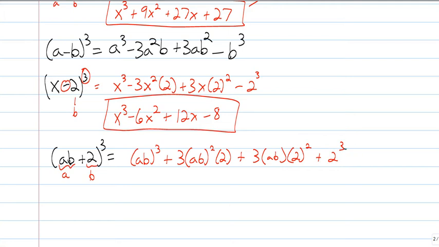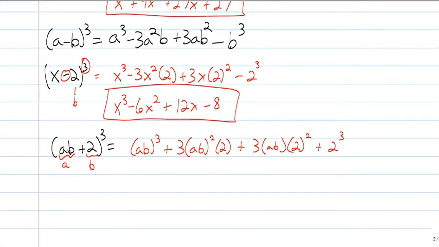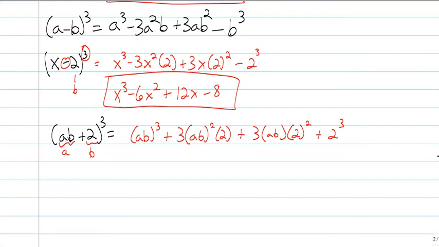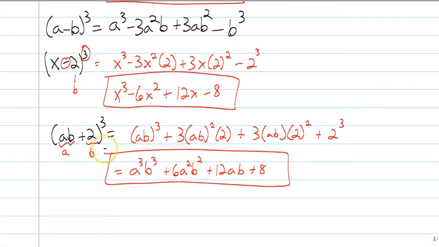I'm just using the pattern, but instead this ab is now my a value in my pattern, and 2 is the b value in my pattern. So we get a cubed b cubed plus 6a squared b squared plus 12ab plus 8. And that would be the final answer.